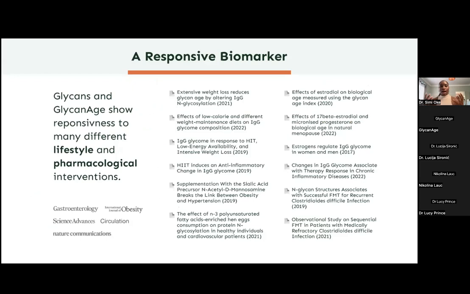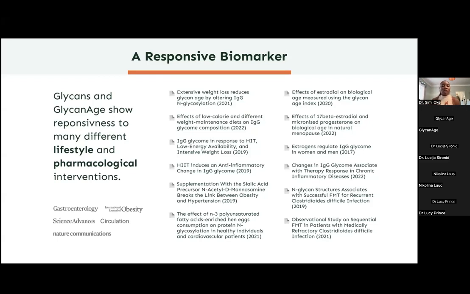One thing that's important is that understanding the science behind it helps explain why GlycanAge is such a useful biomarker. And for me as a clinician, one of the most important things is that it's a responsive biomarker.